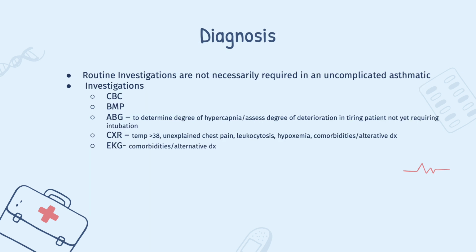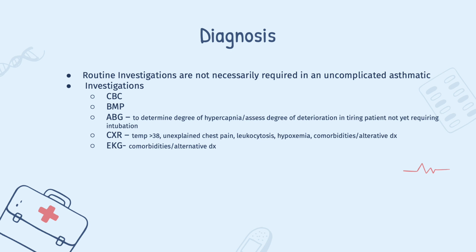So our diagnosis. Routine investigations are not necessarily required in uncomplicated asthma, but these are the investigations that we can do in emerge. Our CBC, again looking for anemia, signs of infection, basic metabolic panel. Our ABGs are going to be really important.